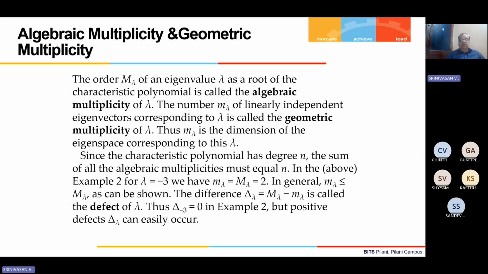So in this problem, corresponding to lambda equal to -3, we have small m lambda equal to capital M lambda equal to 2. In general, small m lambda is less than or equal to capital M lambda. What is the difference? The difference is always denoted by delta. So delta lambda, because everything is for the lambda only, is capital M minus small m, and is called the defect of lambda.